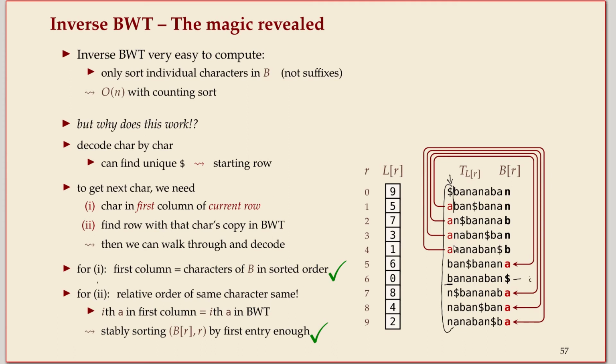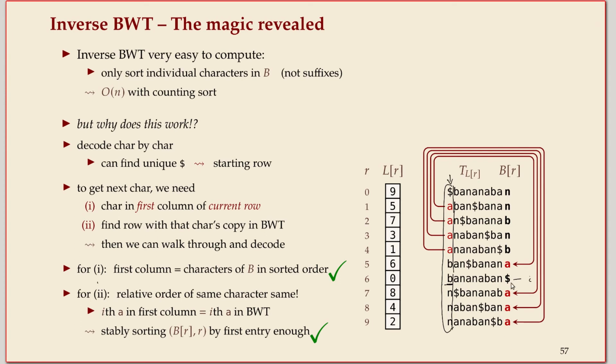Those are the characters of the text in sorted order. The characters of the text are the same as the characters of the BWT; it just scrambles the letters around. So we can take the letters in the BWT and just sort them. If we do that, we can recover the first column of this matrix of sorted cyclic shifts.